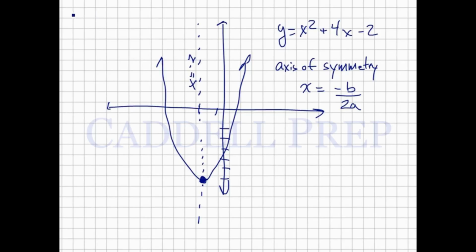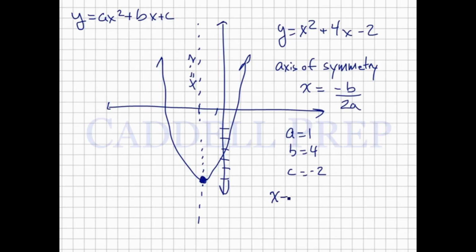Remember, the basic form is y equals ax squared plus bx plus c. So in this function, a is 1 because there's no number written here, so it must be a 1. b is 4, the number in front of the x, and c is negative 2.